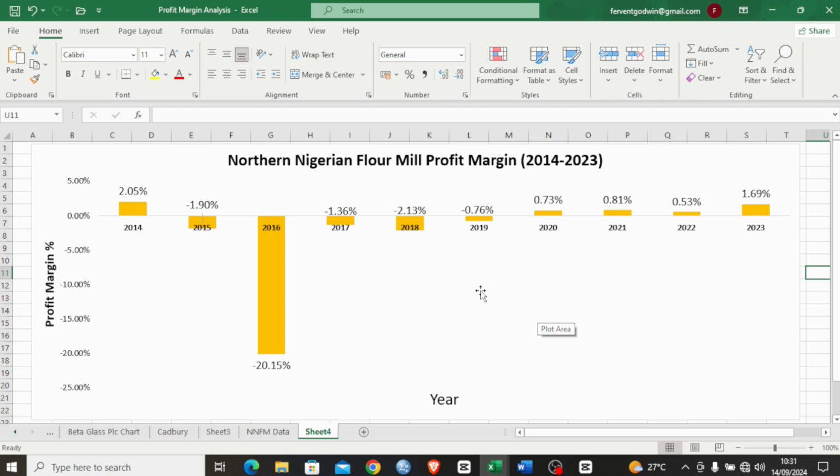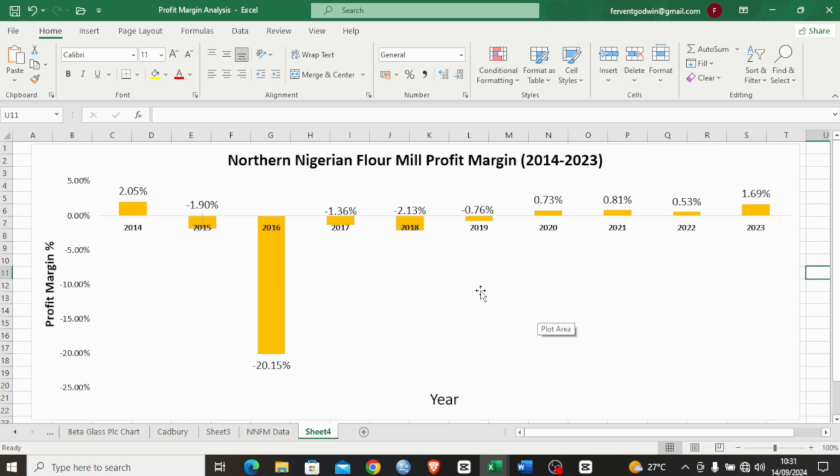So the Northern Nigeria Flour Mills has the acronym NNFM. They are a leading flour mill company located in Kano, Nigeria. That's in the northern part of Nigeria.